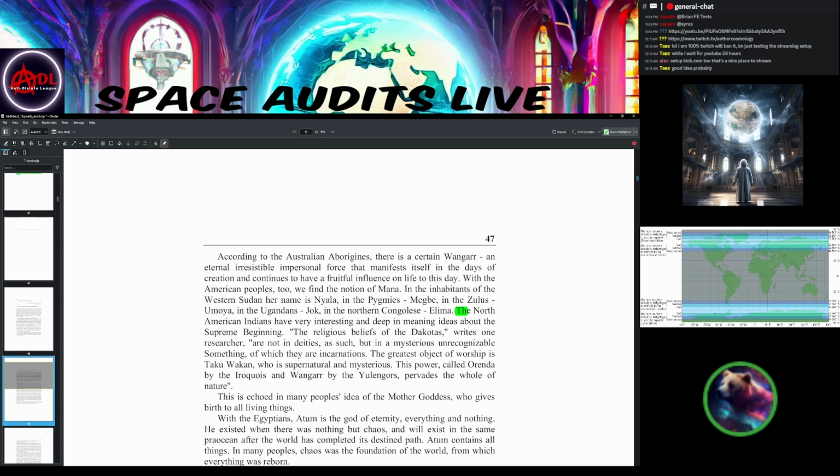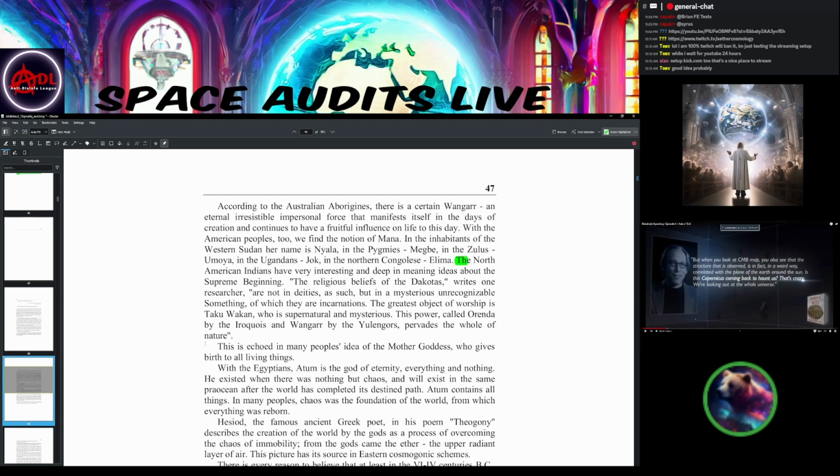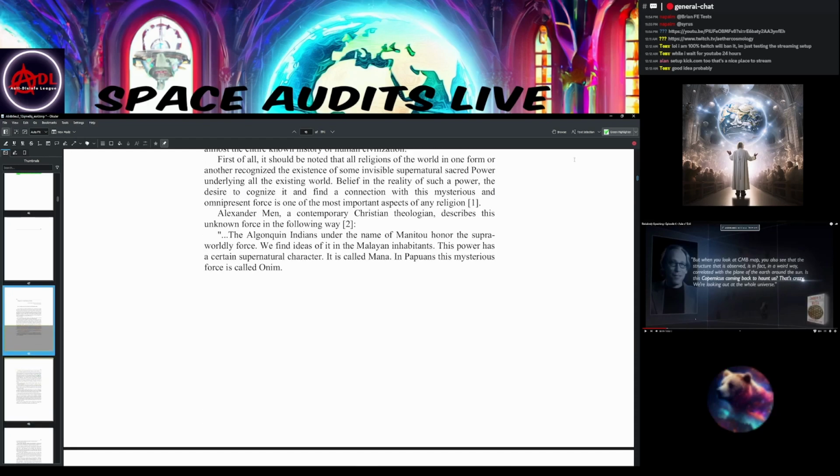This power, called Orenda by the Iroquois and Wagnar by the Ulalorndi Gulers, pervades the whole of nature. Wow. Crazy, man.